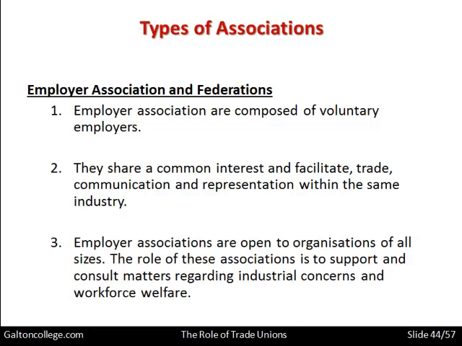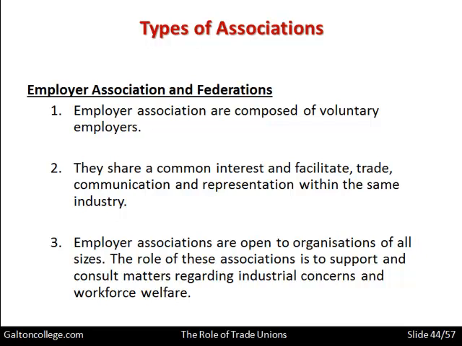Employer associations are open to organisations of all sizes. The role of these associations is to support and consult matters regarding industry concerns and workforce welfare. So employer associations and federations, they're good because there's one central place that the trade unions know they can go to speak to one committee to try and get the agreement of that committee or that organisation.